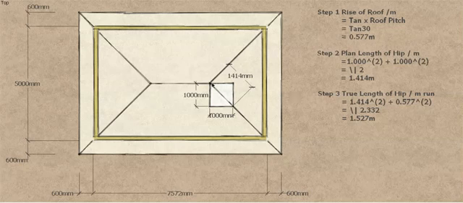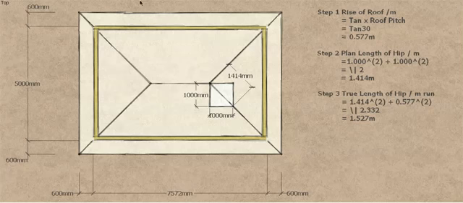So for every metre along our half span, the hip is 1.527 metres long. So now we know that that's constant for every roof that's a 30-degree pitch. That is a constant measurement that will always apply. The only thing that's going to change is the half span of the roof.